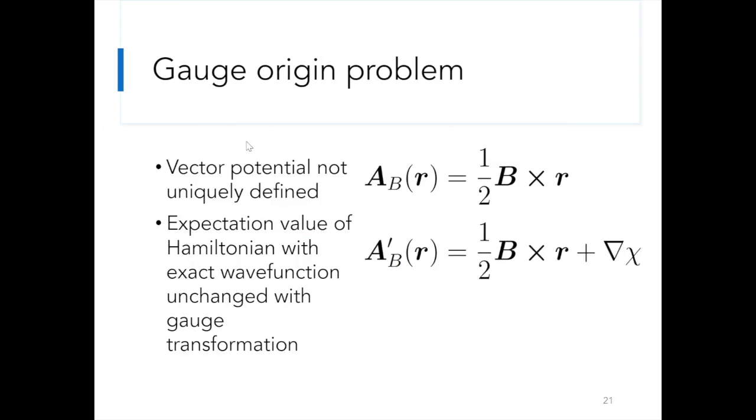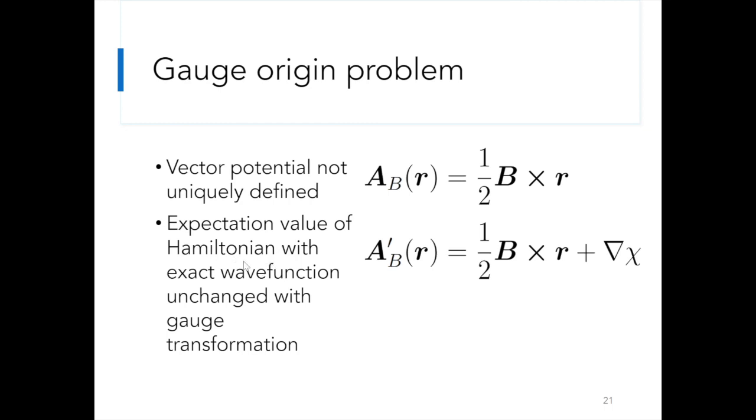Right, so the next piece in the integrals is this gauge origin problem. Because we're now dealing with these vector potentials, if we take the curl of the vector potential, we can add a scalar function, and this does not change the corresponding B field that comes out. What this means is that the vector potential A is not uniquely defined.